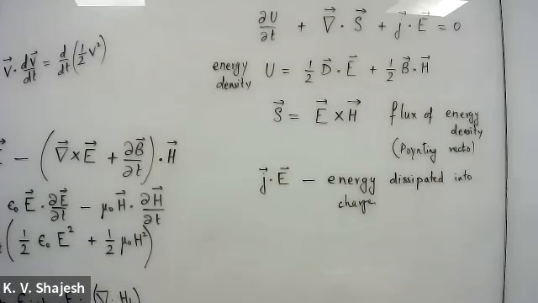If you want to look into Jackson, it's in chapter 8, I think, after special relativity there. Again, this is broadly called conservation principles in electrodynamics. That's a keyword. Conservation equations in electrodynamics. So first I derived the conservation of charge, and now this is the conservation of energy statement. So I'll proceed with that. Okay.